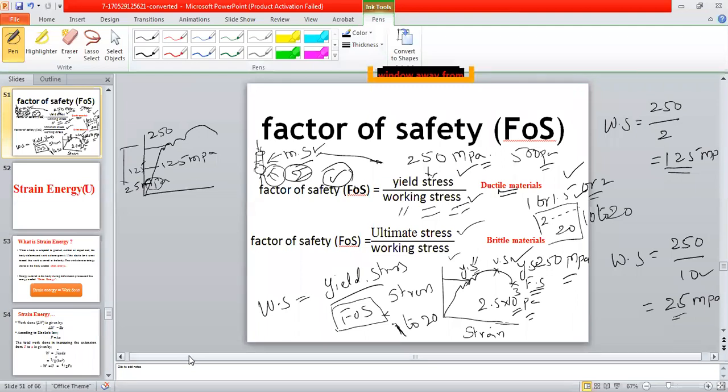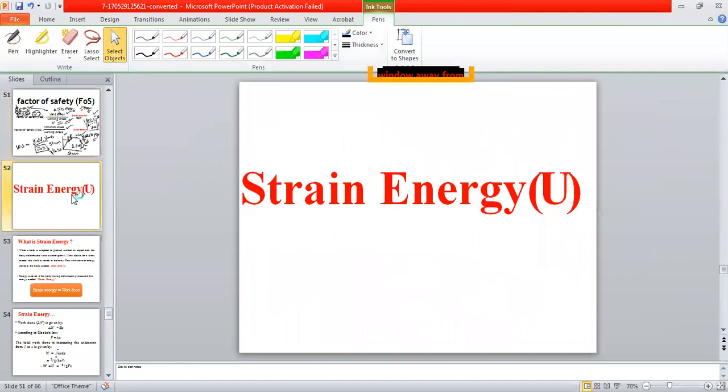Next topic is strain energy. We have studied about the strain that is induced when an external load is applied on the body. Whatever external load is applied on the body, there will be strain in the component.